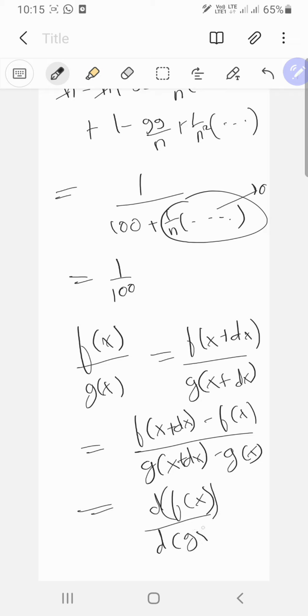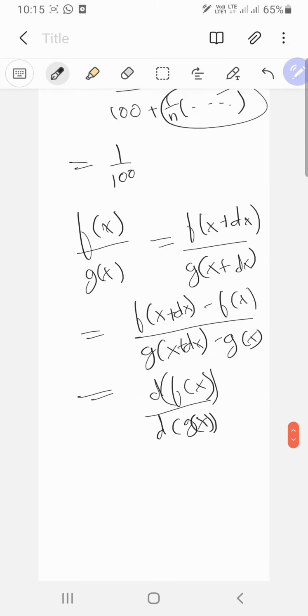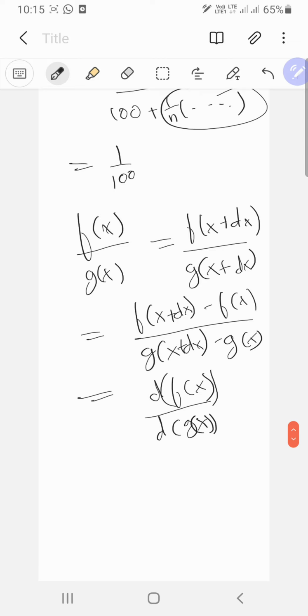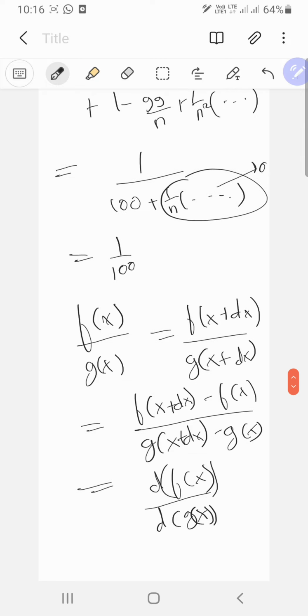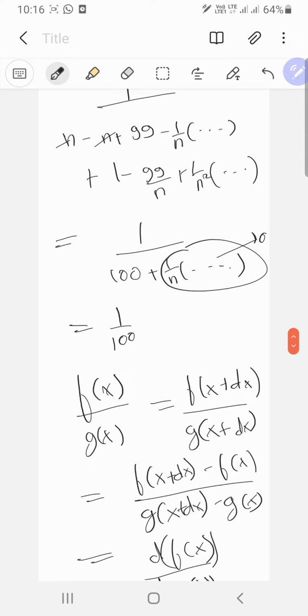That's how we proved L'Hopital's rule for the infinity by infinity case. It's not exactly a proof, but it gives you a general intuition of what should be happening. For the 0 by 0 case, I think we took the inverse first and then the derivative. I don't know. So that's how we do this question.